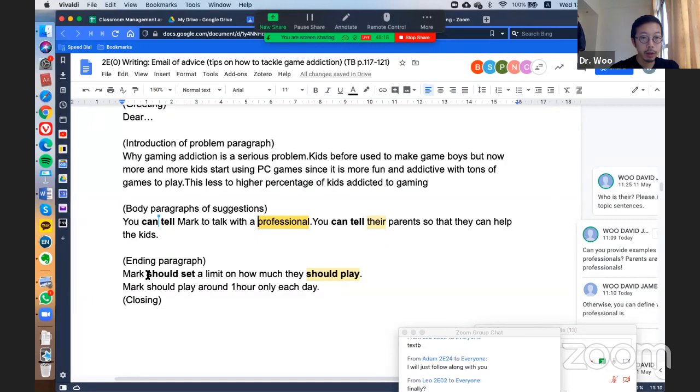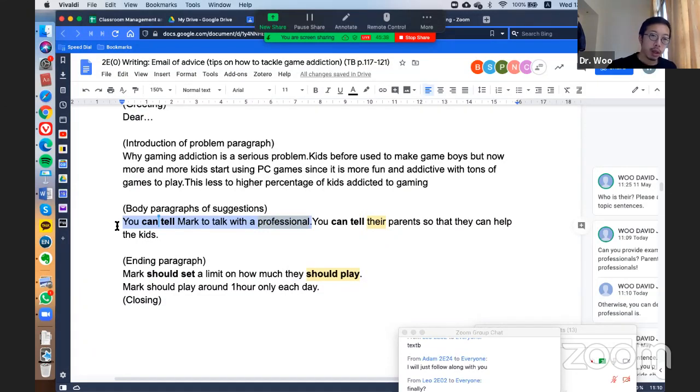Good, Dr. Ayush. I'm looking at your writing. So this is a fine topic sentence. You can tell Mark to talk with a professional and then develop this idea.